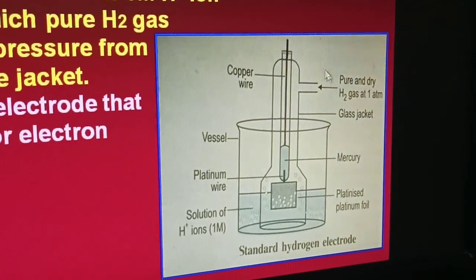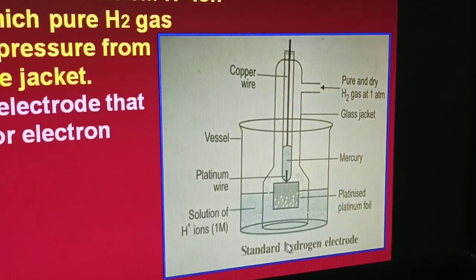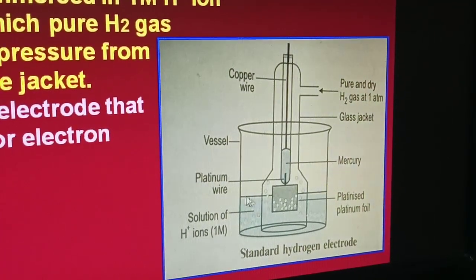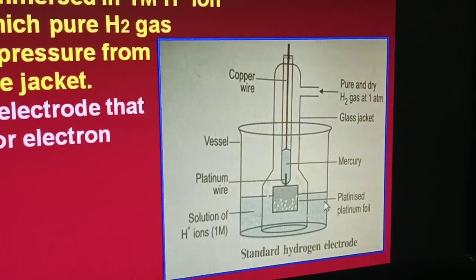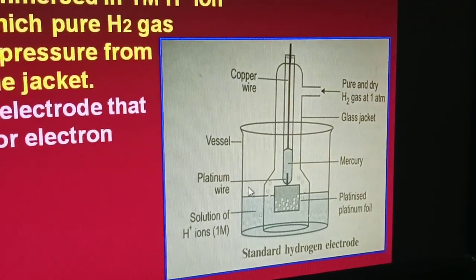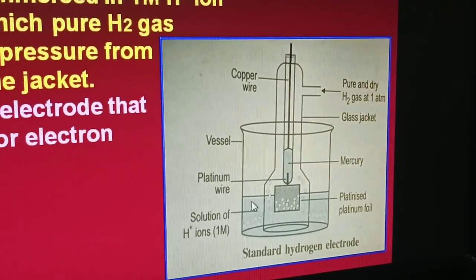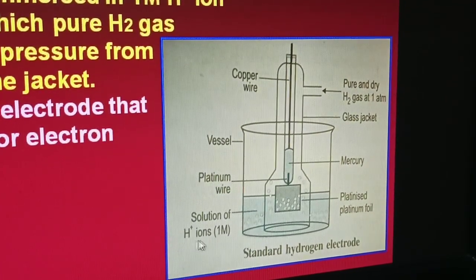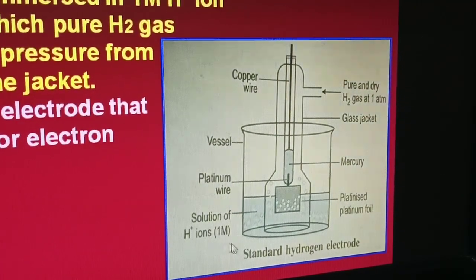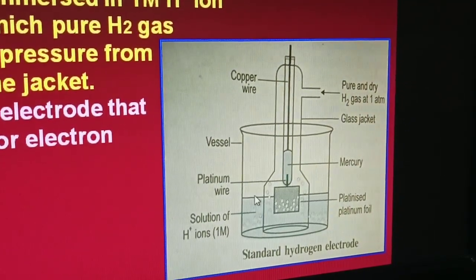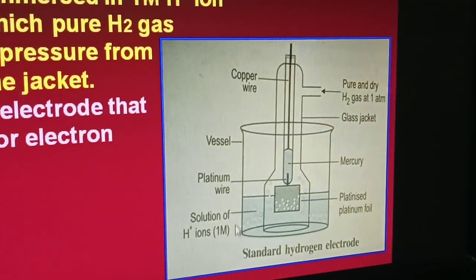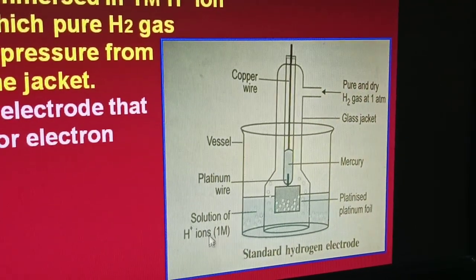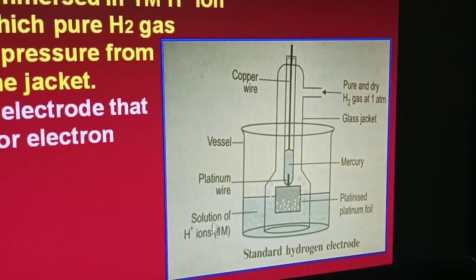The whole assembly is immersed in a glass vessel which contains an electrolyte, that is HCl, in which H+ ions are present. This HCl solution taken is of unit activity, or it is also called 1 molar solution.